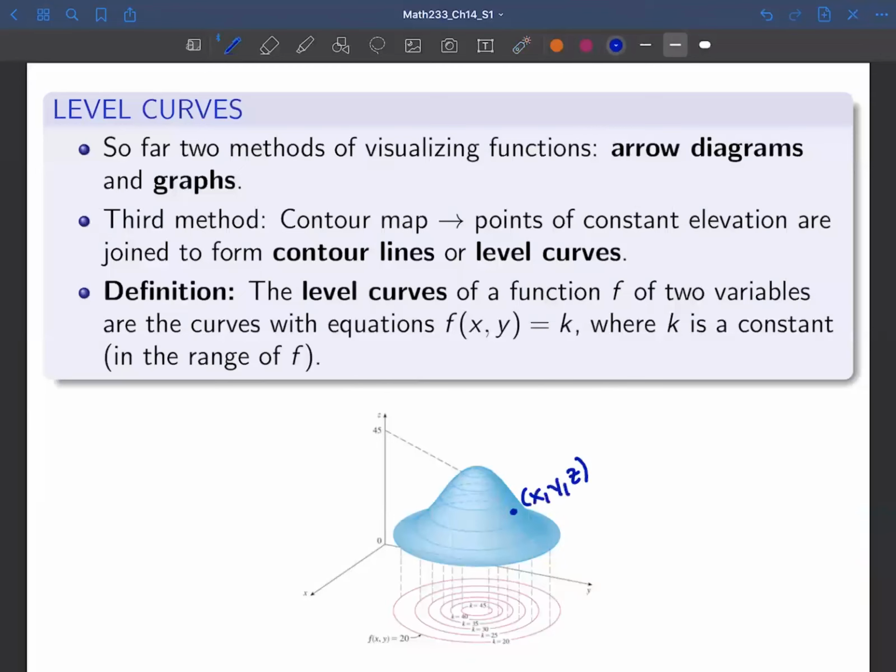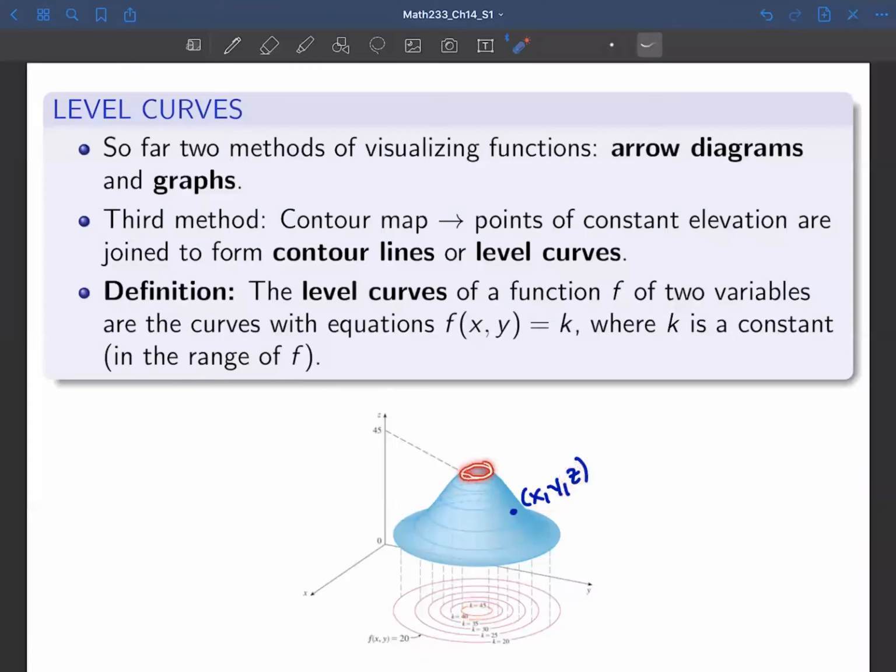And essentially what we do with the level curves is that we project all that surface in the x, y plane, and then we assign each one of the points to a specific level curve. So in this case, for every x and y, we get a specific value for z, which is equal to k.